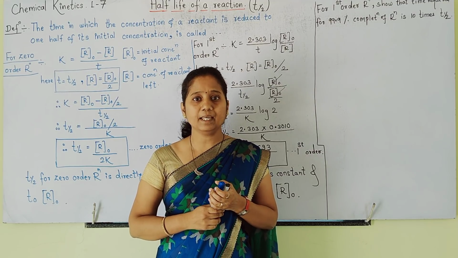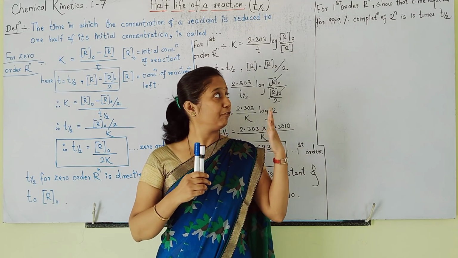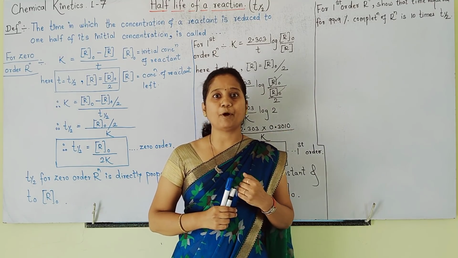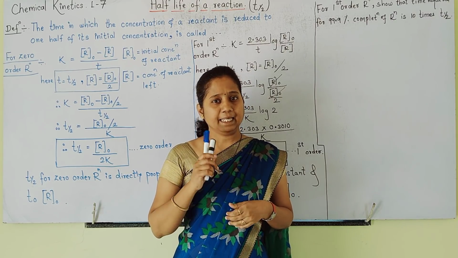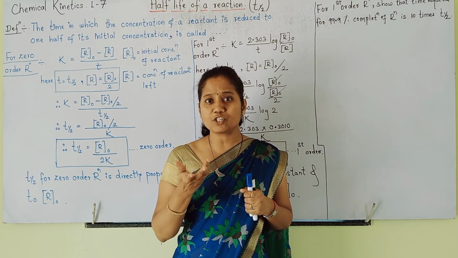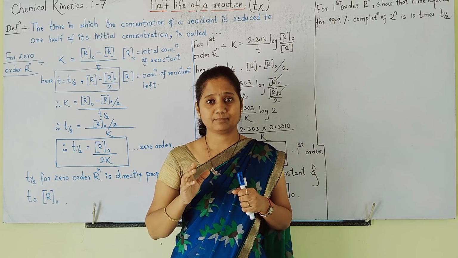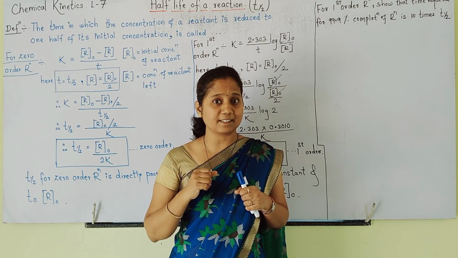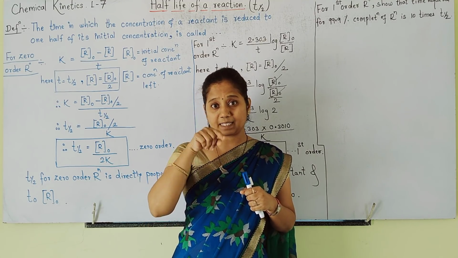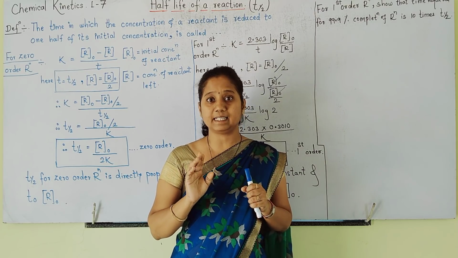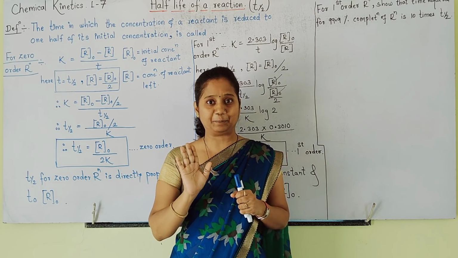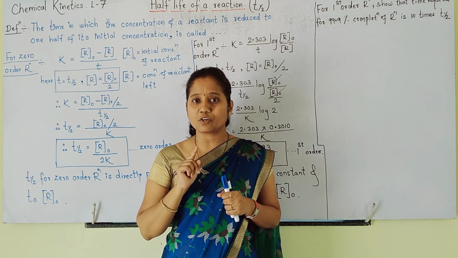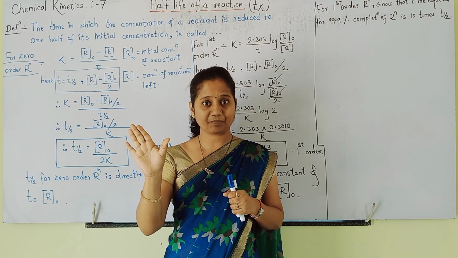Now students, before going to this, tell me: 99.9% of the reaction is completed, so how much is left? What can you guess about the initial concentration of reactant? In percent type reactions, always consider the initial concentration of reactant as 100, because percent means 100. So always take R naught, the initial concentration of reactant, as 100.